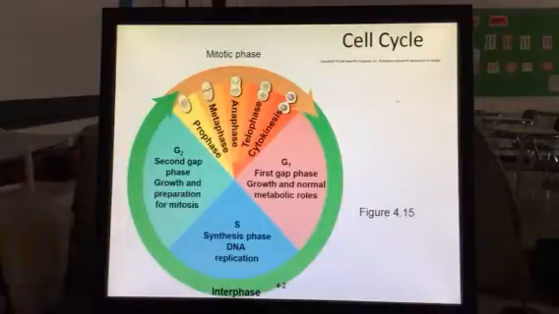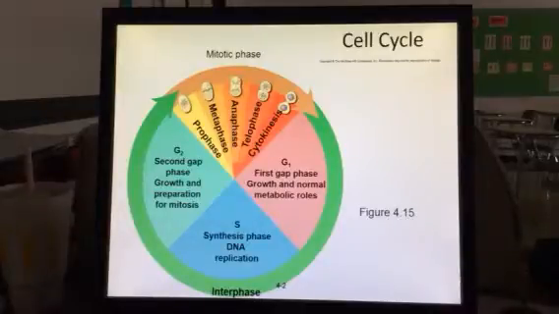And then it says normal metabolic roles. That means whatever normal cell function, whatever reactions are normally occurring in the cell, if that means the cell is breaking down glucose for ATP in cellular respiration, or if the cell is producing a certain kind of protein, whatever normal reactions that cell needs to be doing, it's doing that in G1. That's just its normal going about its business.